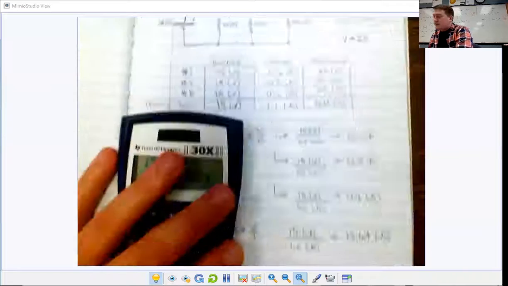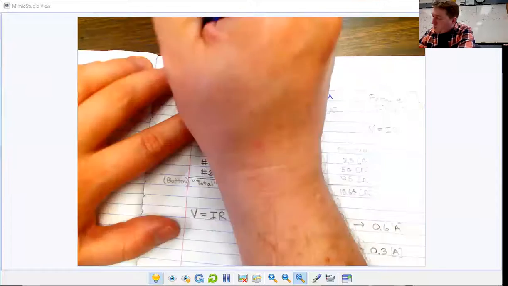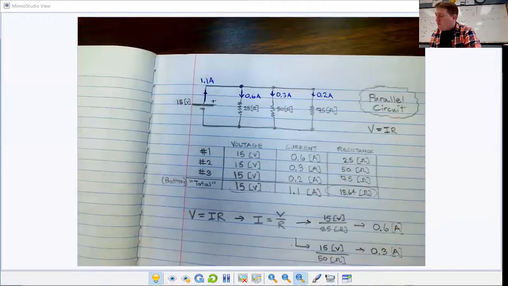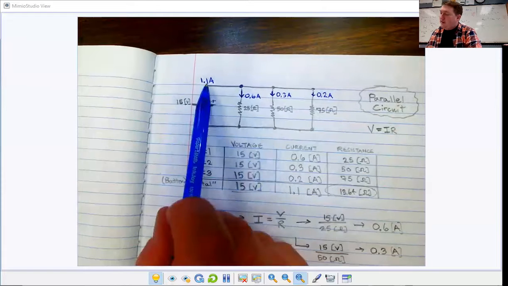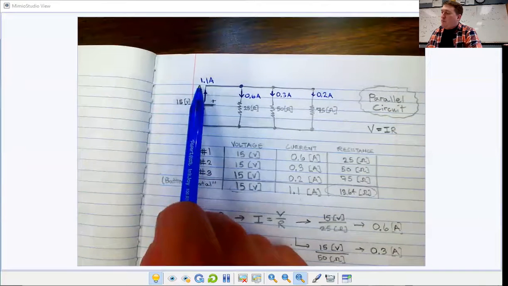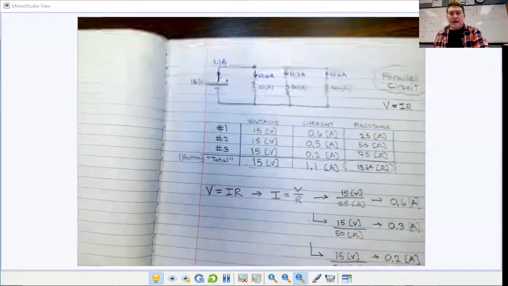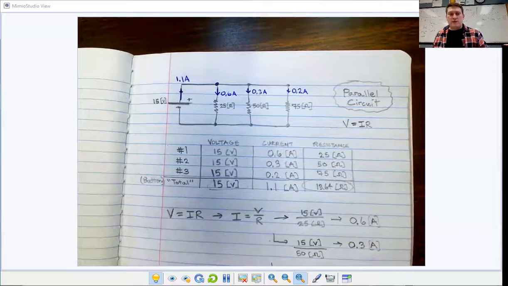The reason why this is, the battery is providing 1.1 amps. That means the battery is feeling a total resistance that gives 1.1 amps, which we calculated to be 13.64. And I can make this an analogy to a highway system in a city.